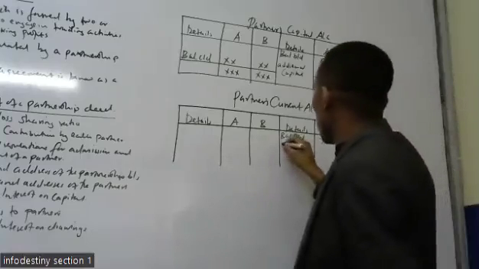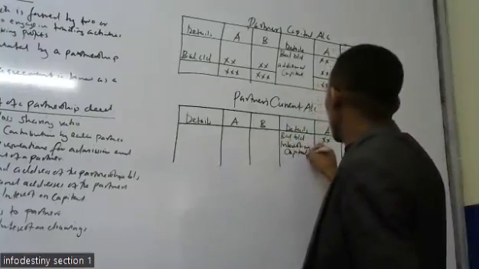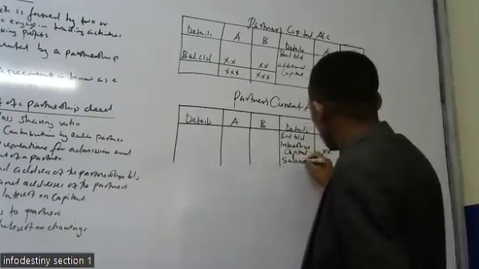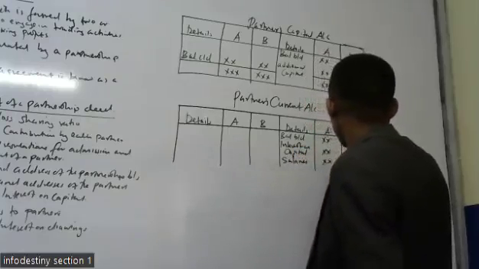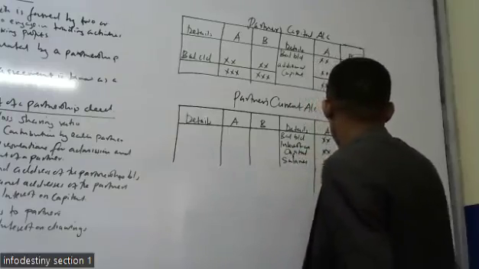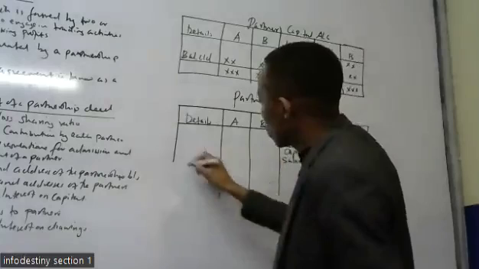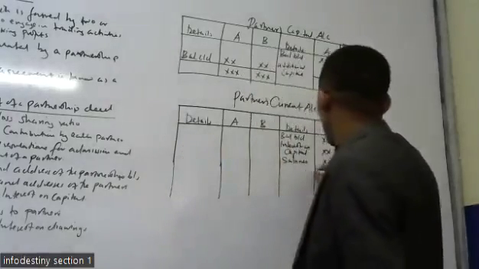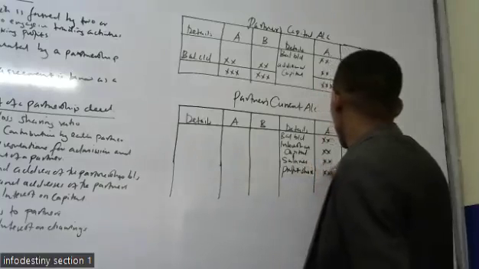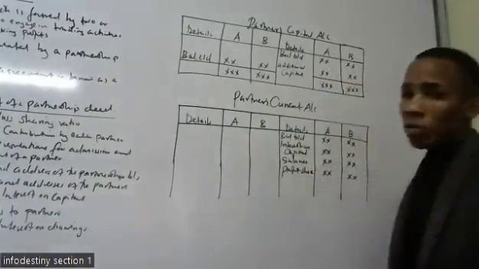From there we have the interest on capital. We also have salaries to those partners. We have the profit share.